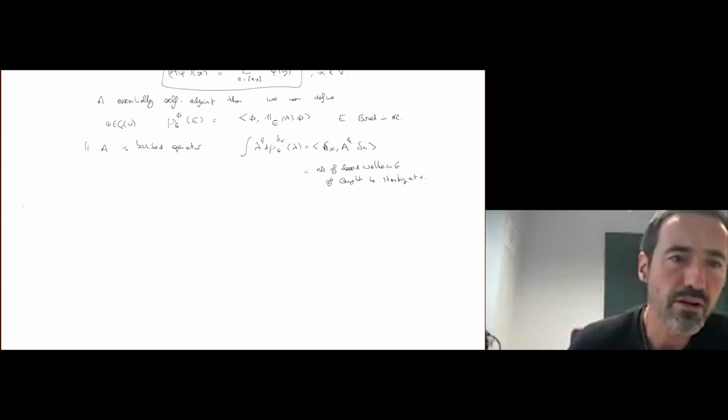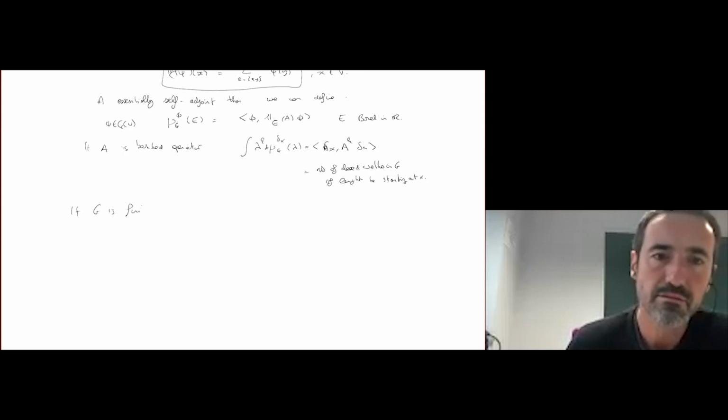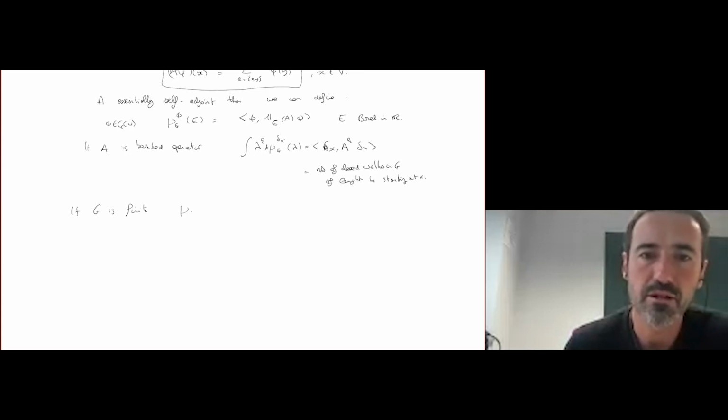Okay, so when the graph is finite, if G is finite, this spectral measure has a particularly simple form.